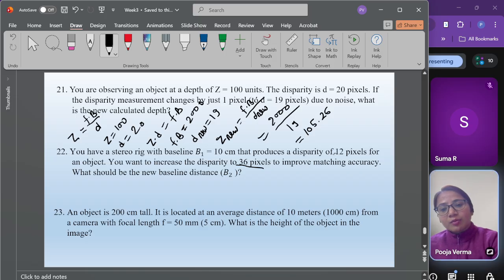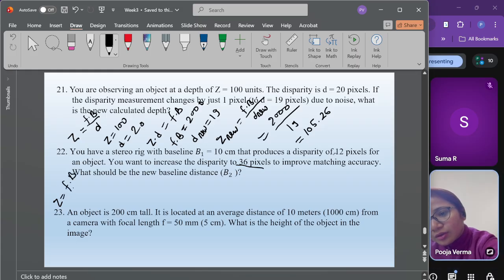So, it is again based on this concept, Z is equal to F into B divided by D, right? Here we need to find the relation between the depth and baseline, or rather between disparity and baseline.